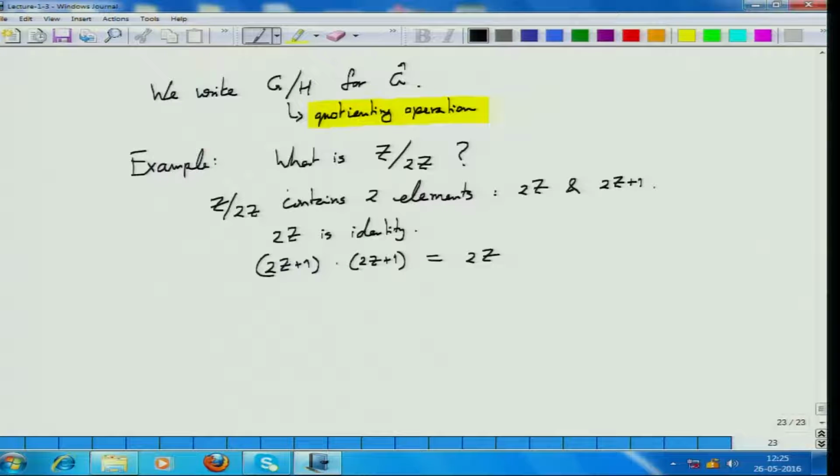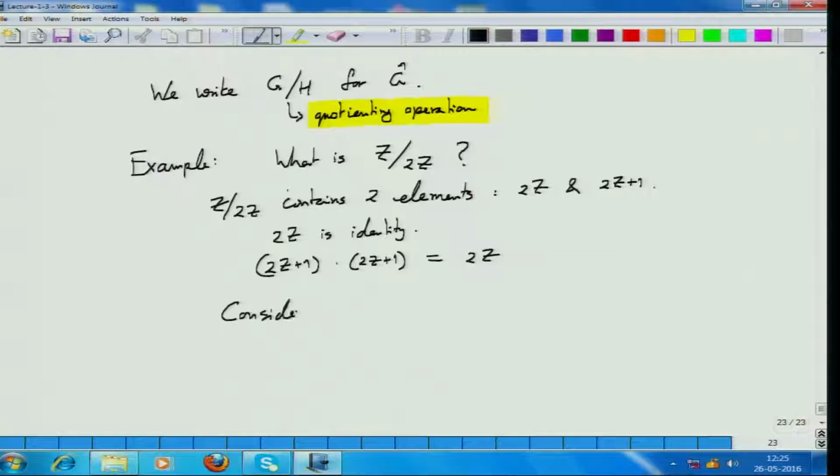Is this a familiar looking group? Let us define another group Z2, which is just two numbers 0 and 1, and the operation is addition modulo 2.